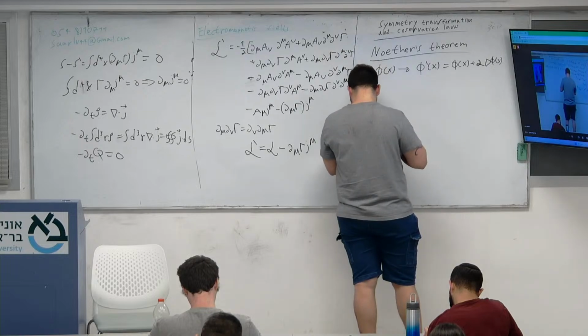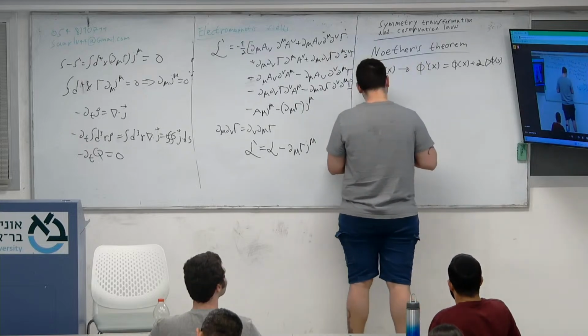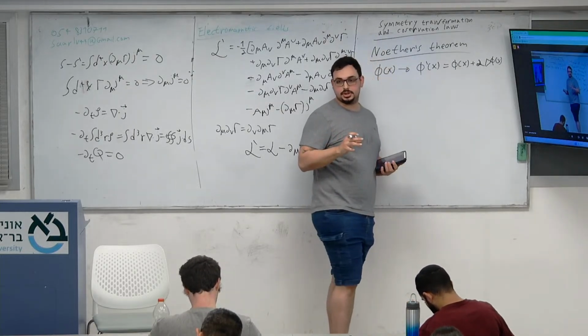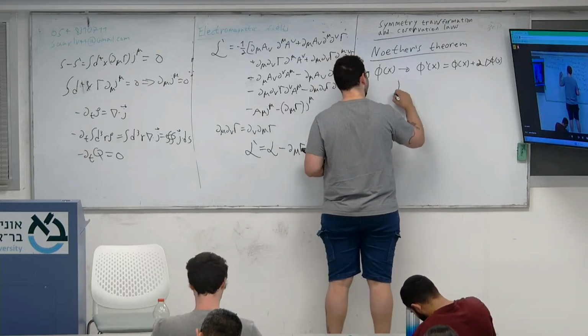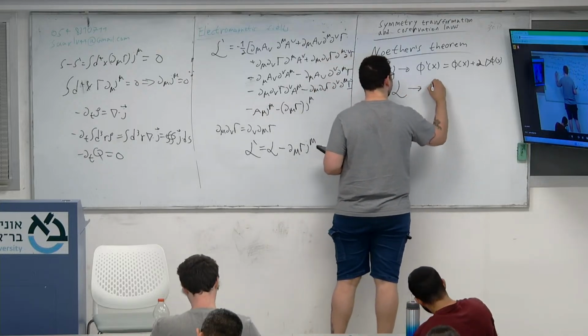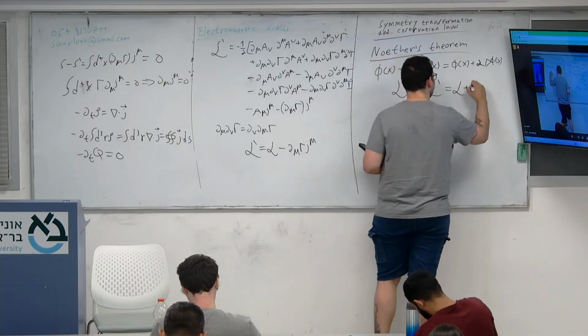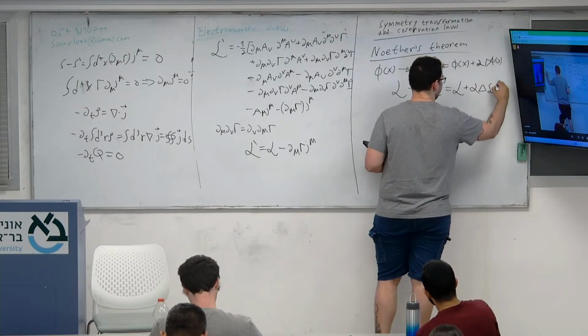A very, very small change. And we'll assume that this small change in the field will also induce a very, very small change in the Lagrangian. So the Lagrangian goes to L plus alpha delta L.